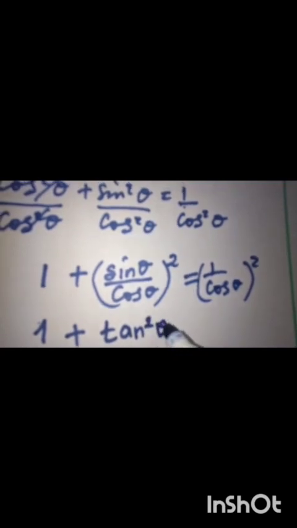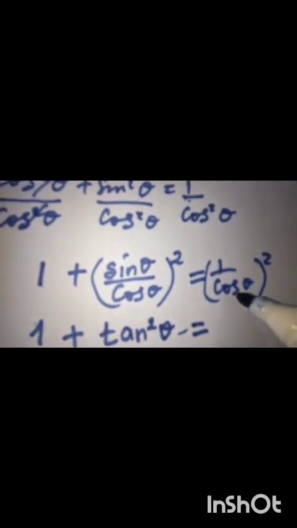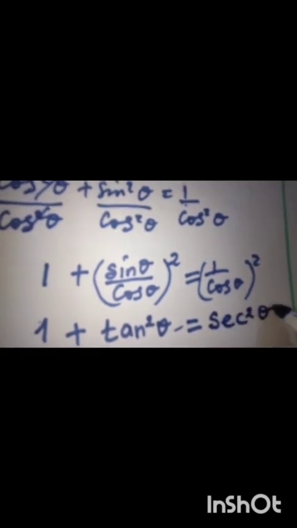Sine squared over cos squared is sine theta over cos theta, all squared, which is tan squared theta. And 1 over cos squared is 1 over cos theta, all squared, and 1 divided by cos gives us secant, so we have sec squared theta.